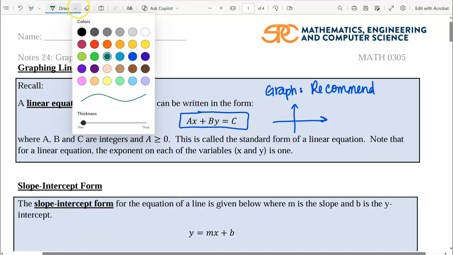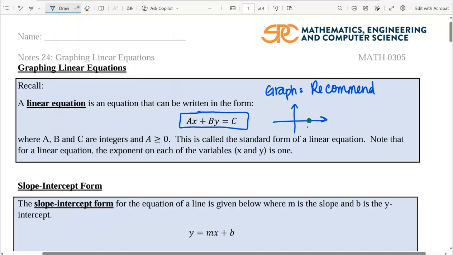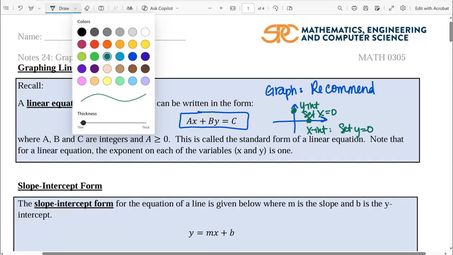Remember that with intercepts, if it's an x-intercept, that's when I set y equal to 0 and solve for x. If it's a y-intercept, that's when I set x equal to 0 and solve for y, creating two separate points. Your other option is to transform it.